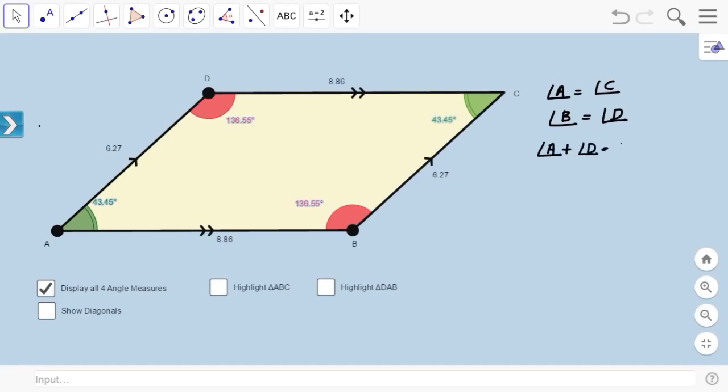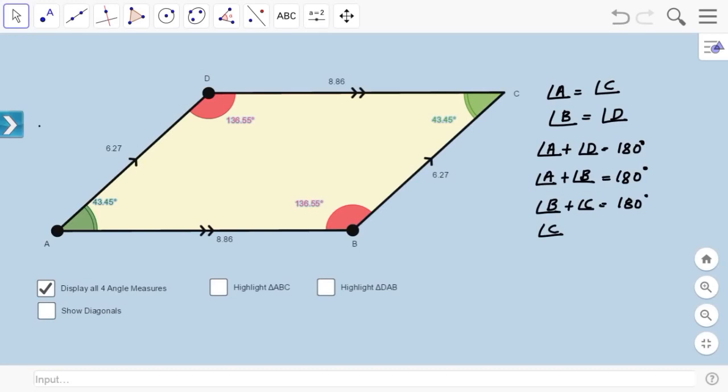Also, look at the sum of two adjacent angles. Angle A plus angle D is equal to 180 degree. Angle A plus B is equal to 180 degree. Angle B plus C 180 degree. Angle C plus D 180 degree.